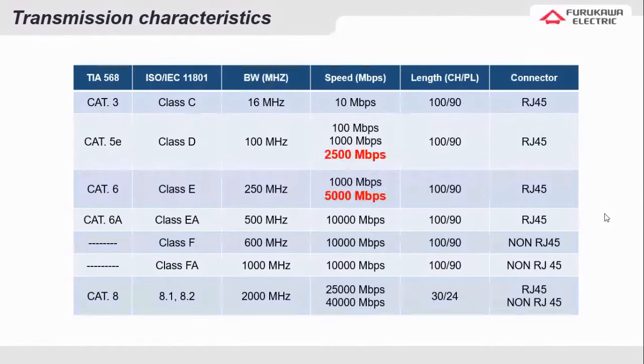You will see that the widely known names of category 3, 5, 6, and so on, are derived from standards published by the Telecommunications Industry Association, the TIA, which operates in North America, while the European International Organization for Standardization, the ISO, calls them Class C, Class D, Class E, and so on.